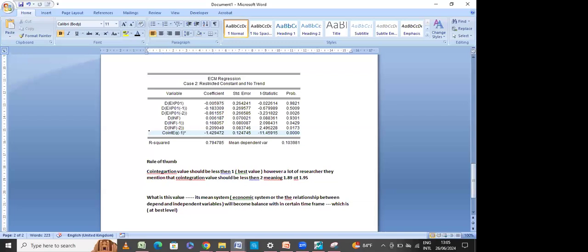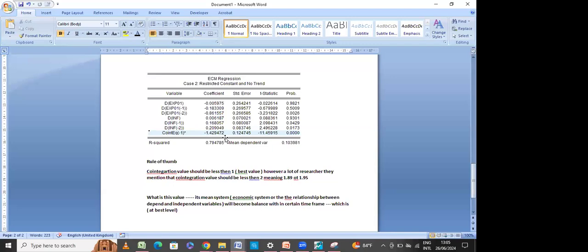So the ECM value, the error correction value, which is the co-integration EQ value as mentioned in EViews, its coefficient should be less than 1, which is the best level. It means that any system will become balanced within the period of 1 year.